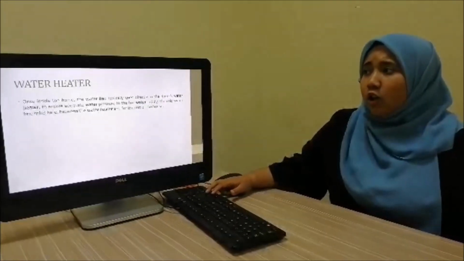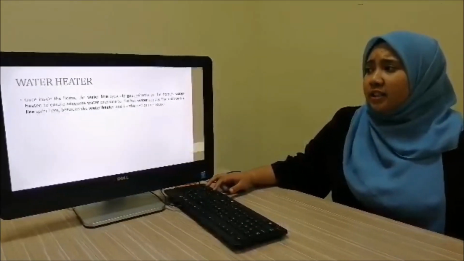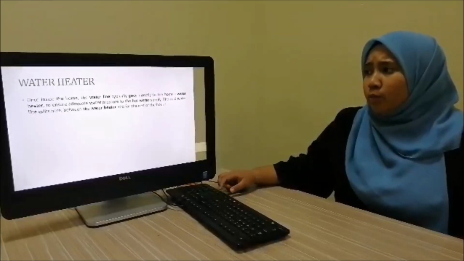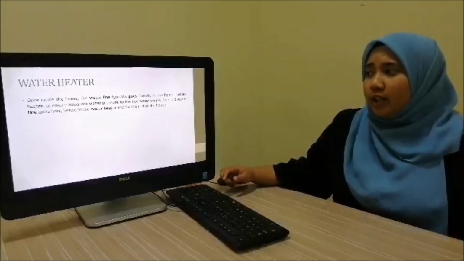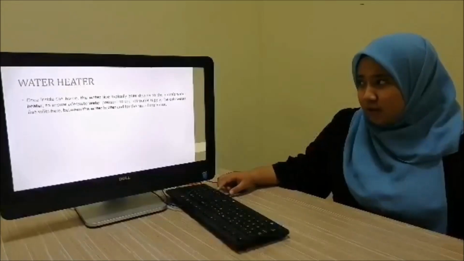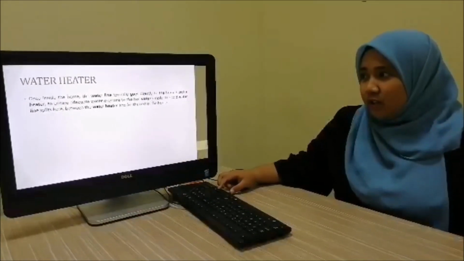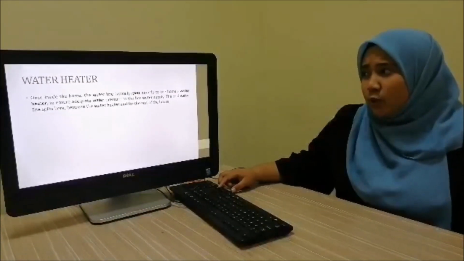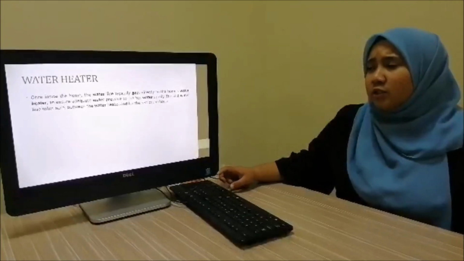Water heater. Inside the home, the water line typically goes directly to the home's water heater to ensure adequate water pressure to the hot water supplies. The cool water line splits here between the water heater and the rest of the house.